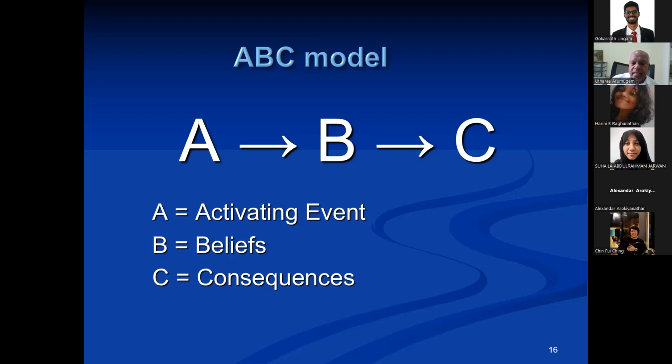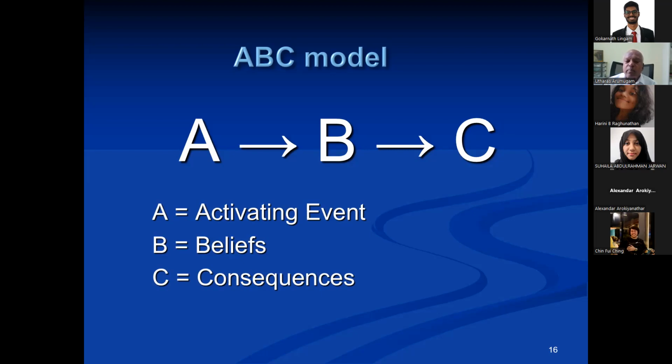Now, when someone says to me, my manager made me angry, the manager's behavior is the activating event. Anger is the emotional C. The emotion I experience, anger, is the C in this model.